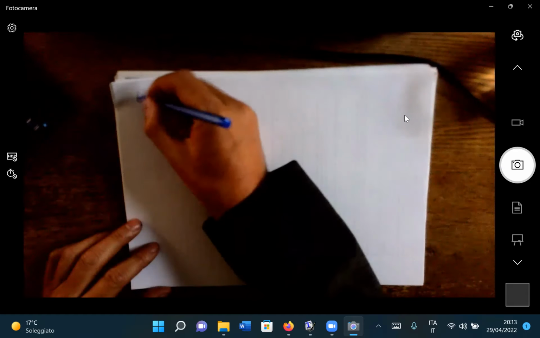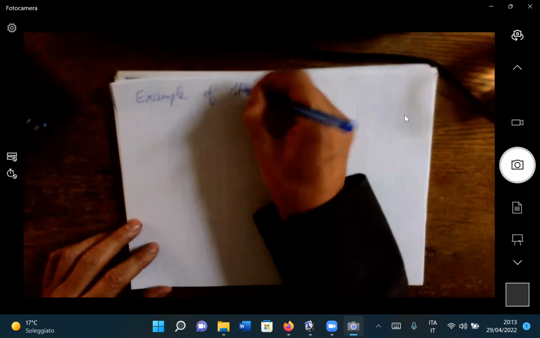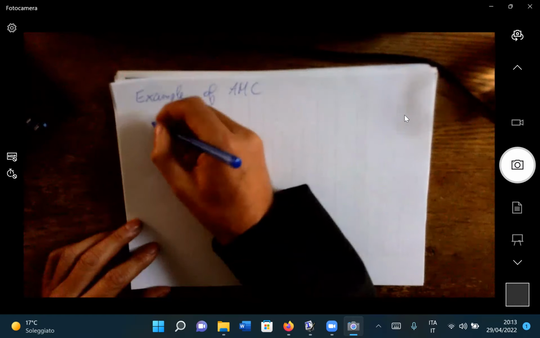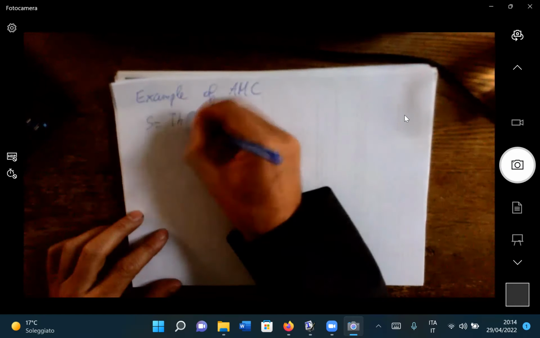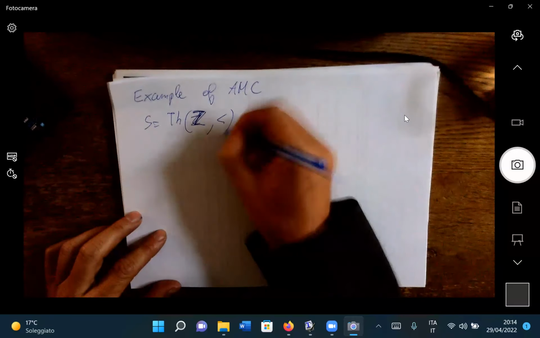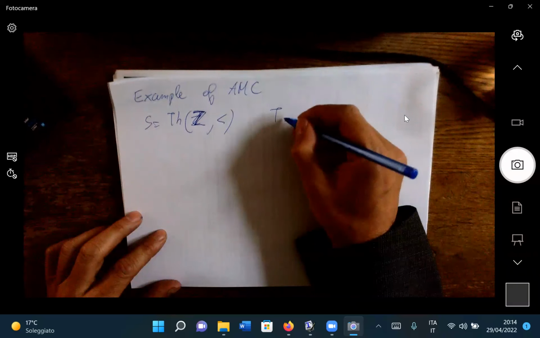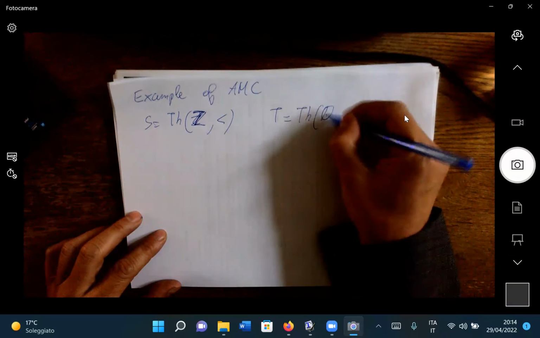Let me just give an example of AMC. We take the theory S, the theory of Z with the order, and T is the theory of rationals with the order.